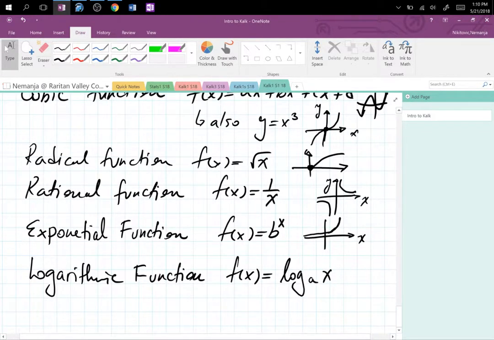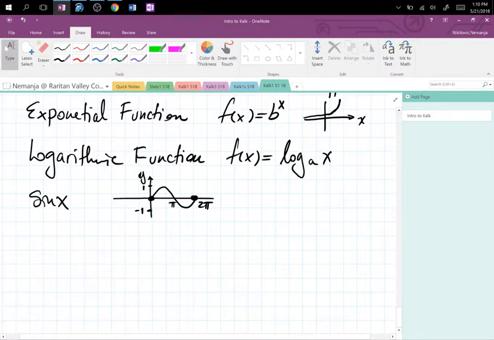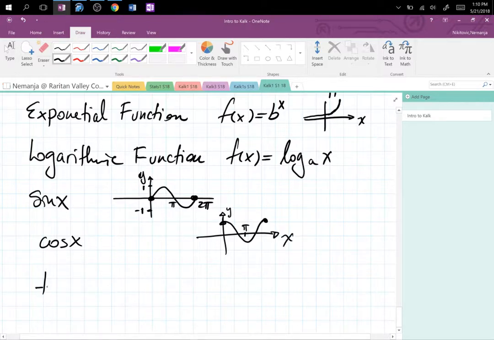And then we have 3 trig functions. Sin x, which ends at 2 pi, pi in the middle. Cosine x, pretty much that's the same. And tangent x.